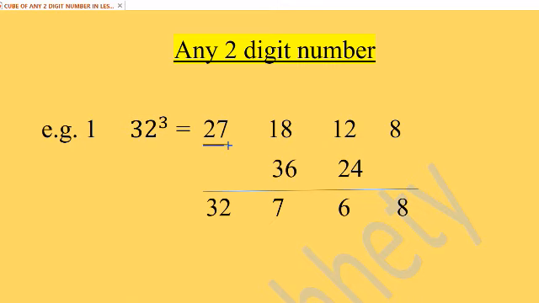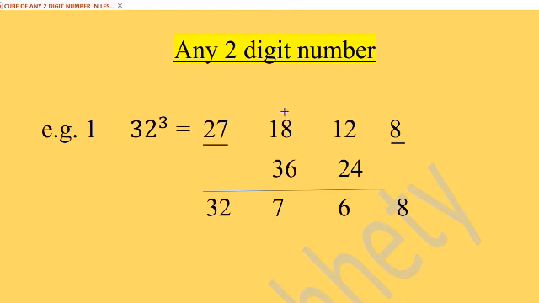And then write cube of this second digit. So I wrote the cube of the second digit, that is 2 cube is 8, leaving 2 blank spaces in between. So this is the first thing that I have done. A cube and B cube I have written with 2 blank spaces in between.